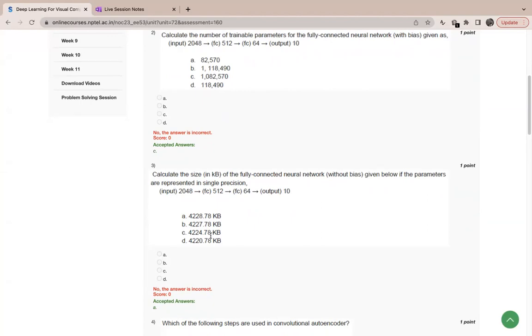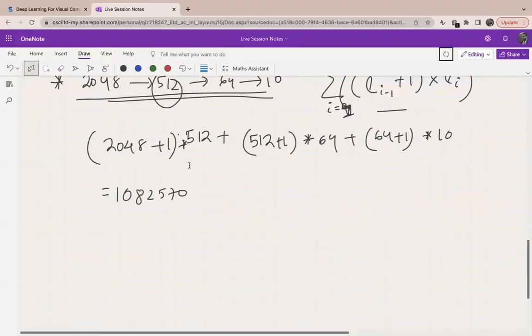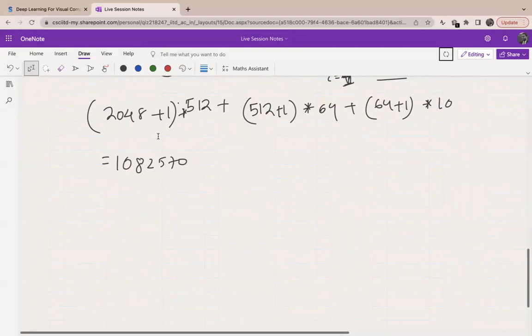Single precision number takes one byte, so 1 byte is 8 bits.